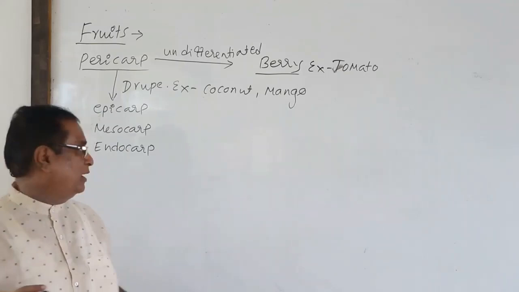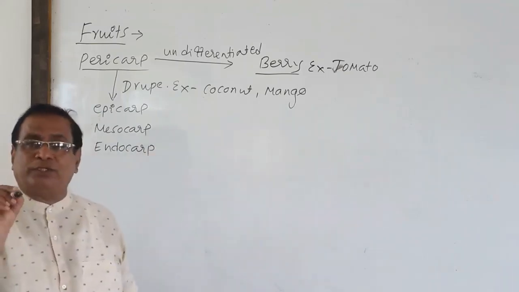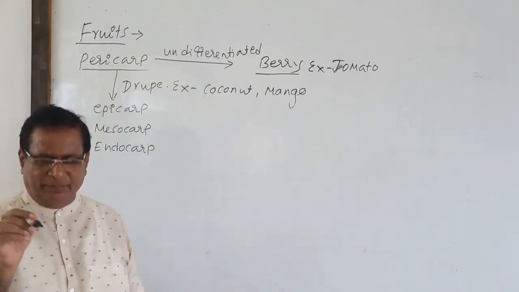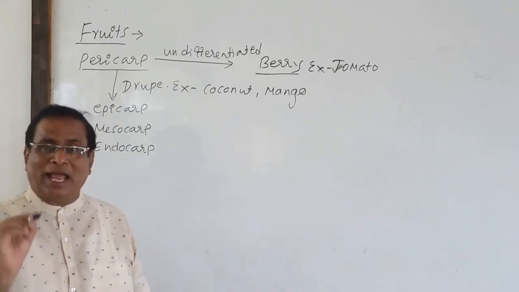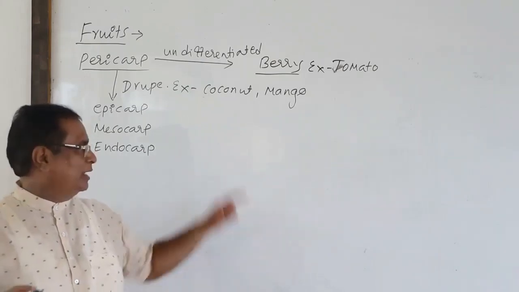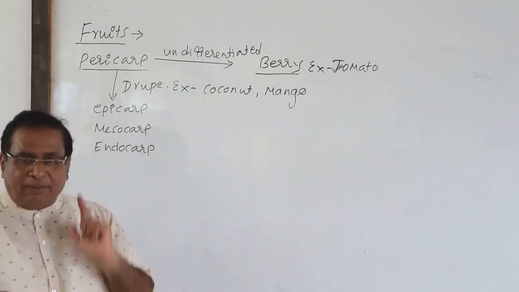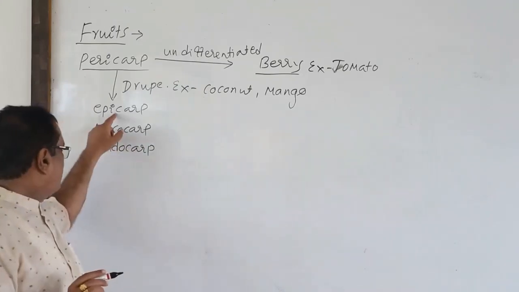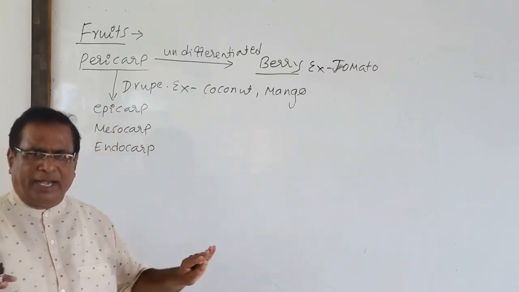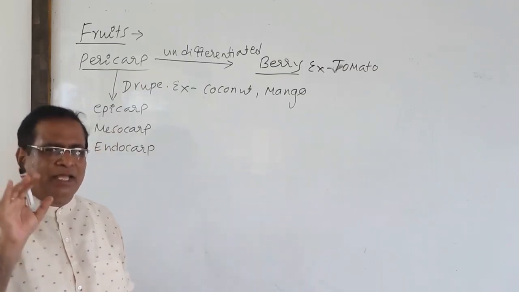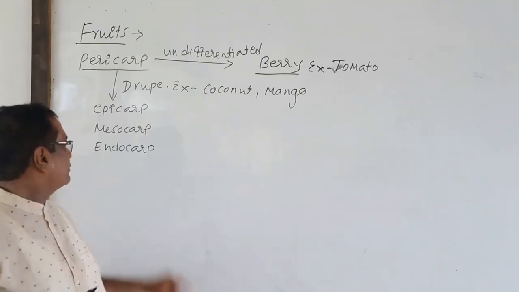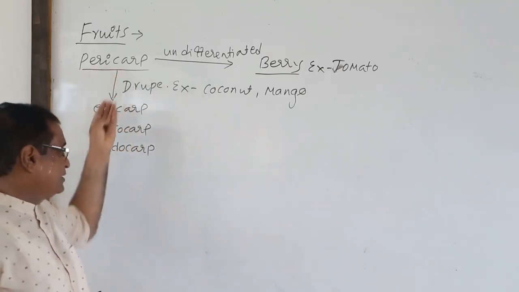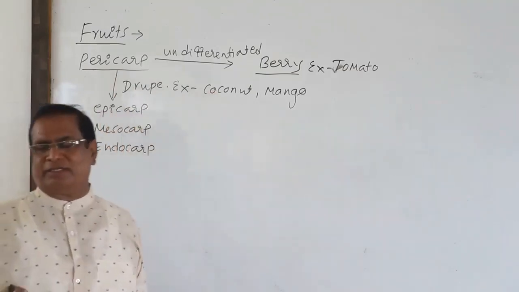Which part is edible in coconut? Endosperm, both liquid and solid, both free nuclear and cellular endosperm. In mango the mesocarp is edible, and in coconut these three are not at all edible. The edible part is endosperm. That is about how the pericarp is differentiated and undifferentiated.